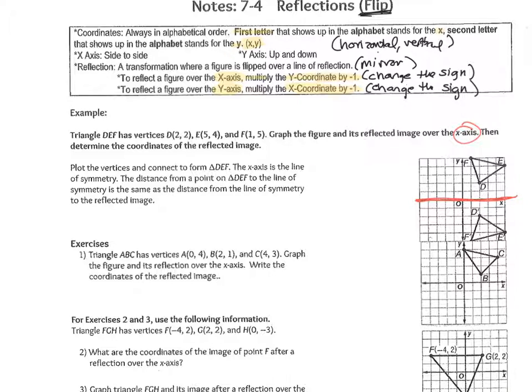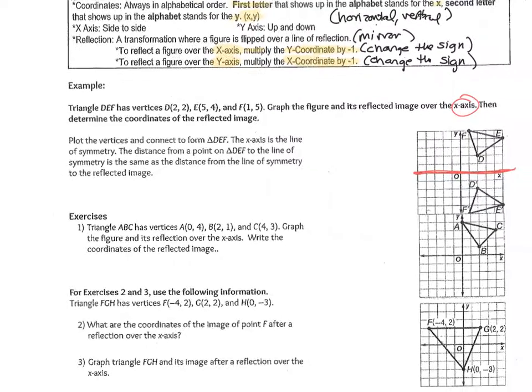So let's look and see what happened. They've already put both images up there for you. So this is our pre-image. And they flipped it over the x-axis, and that's how we have those little hash marks. That's how we know that that's our image or our new picture.